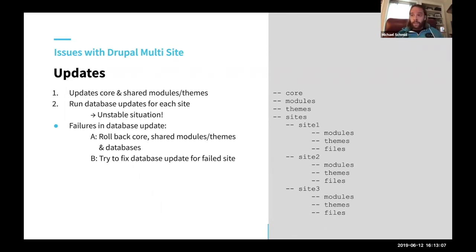But if you have 1,000 sites, suddenly an update across all these sites is going to be very time consuming, very stressful, and very hard to test. So Drupal multisite doesn't really provide you any possibility to update a site individually from the others. Plus, rollbacks are also very hard. So if you ever managed Drupal multisite with many sites, updates are a very stressful time.